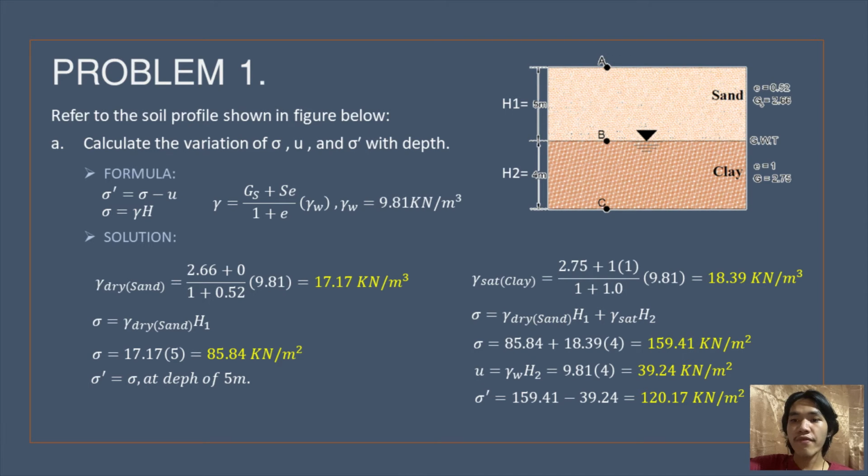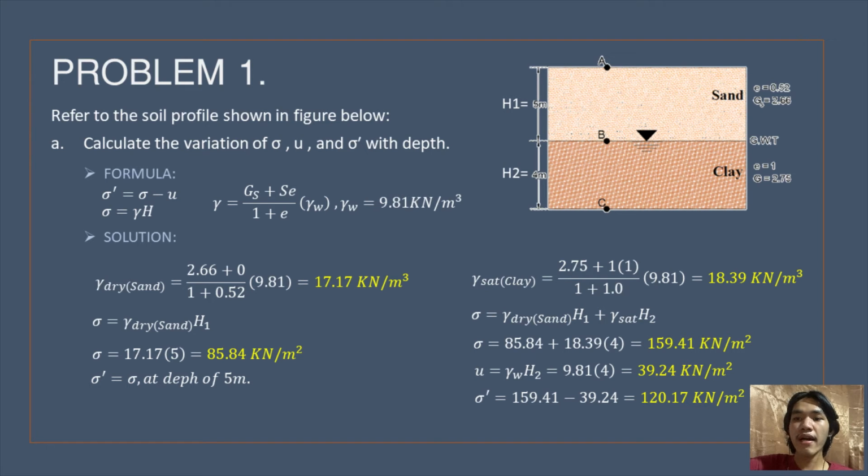Now we will solve for the pore water pressure, which is present at this depth. The unit weight of water times its height, which is 9.81 times 4, which is equal to 39.24 kilonewtons per square meter.